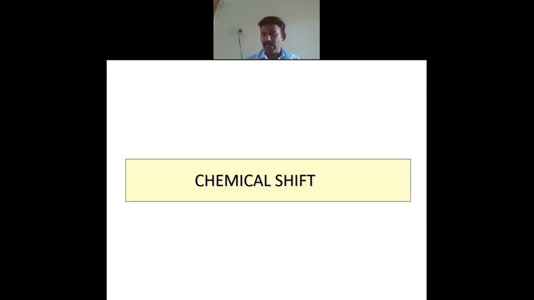For example, benzene is a liquid, water is also a liquid, kerosene is also a liquid, petroleum is also a liquid, and all of these liquids are colorless. How can you identify which is which?